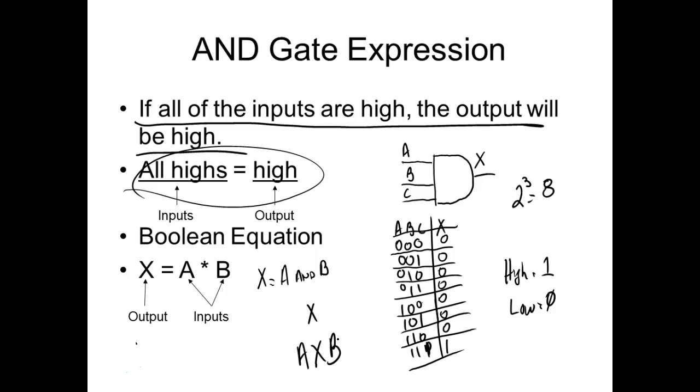Understand? So we can't use that sign. We could use this, but later on that'll be confusing because AB might be the name of a signal and not the name of two signals, right? You understand? So we could use this.